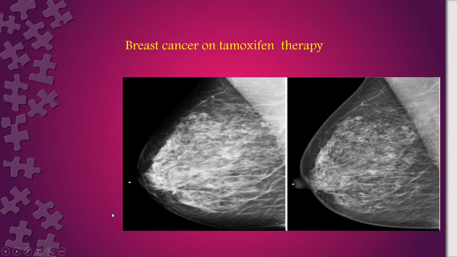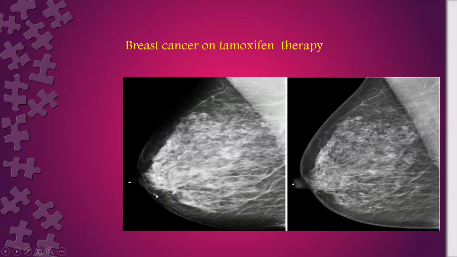Who said the denser is the second? Sarah. Why, Sarah? Why is the denser the second? What is the effect of tamoxifen? Antagonize the estrogen. Antagonize. Yes, the age of the patient.